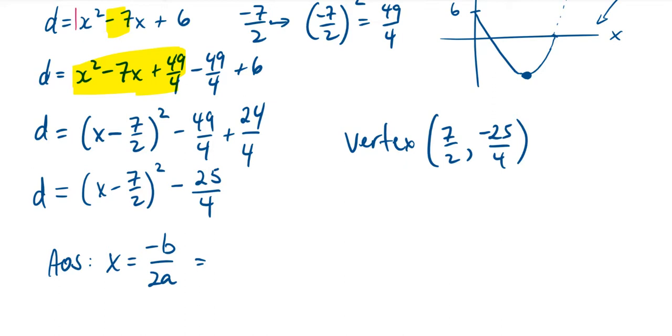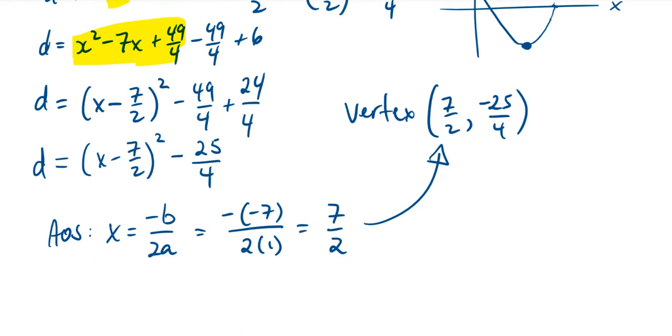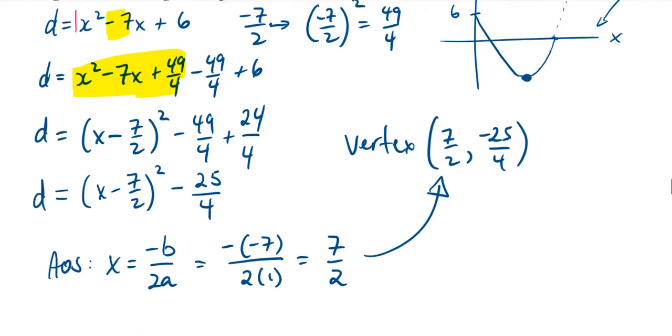So I could have had negative of negative 7 over 2 times 1, which is equal to 7 over 2, exactly what we had here. And then you would substitute that into your equation to find the y value, and you'd still have negative 25 over 4. So there are a couple of ways of doing it. Whichever method gets you the answer, as long as it's correct.